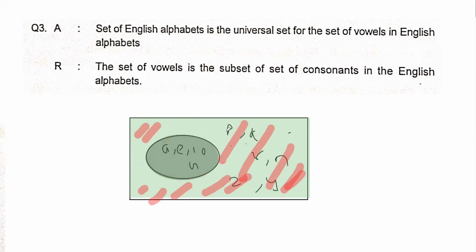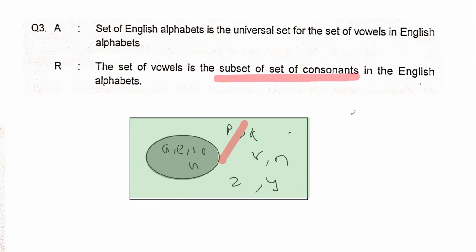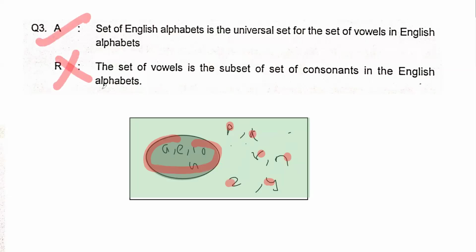That means the vowels here are not a part of these. The set of vowels is a subset of consonants? No. Subset means it's a part of this set, but you can say that this is not a part of these P, Q, R, S, T, right? So therefore, we say that this is correct and this is wrong.